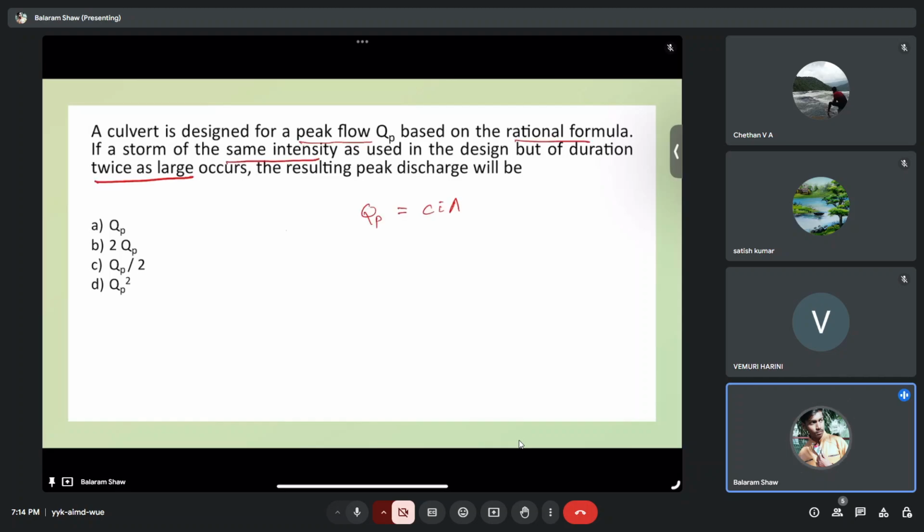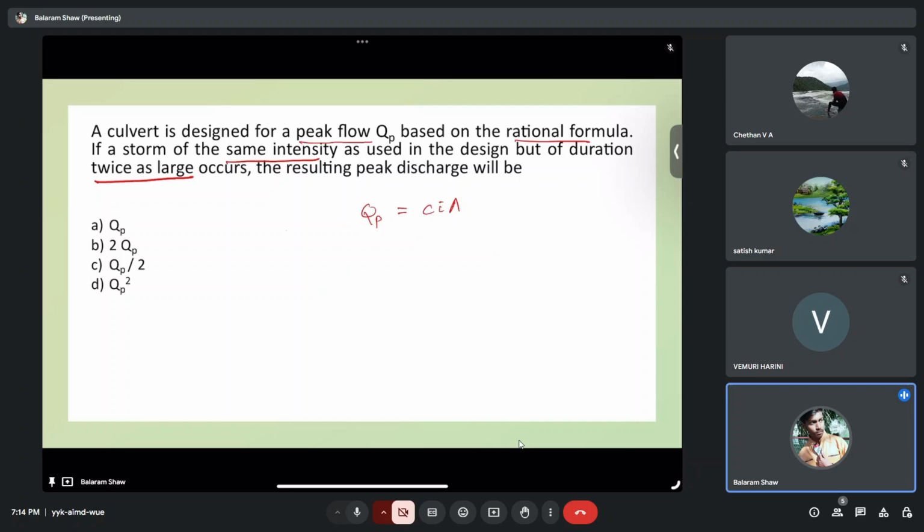Right. Now what it is saying is that the intensity is the same but the duration becomes twice larger, right? Becomes twice.